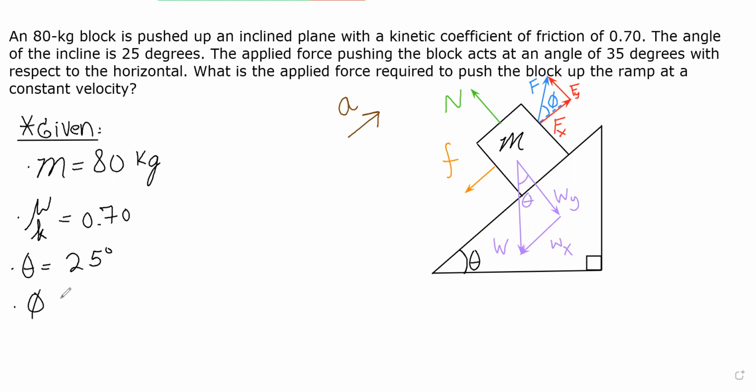We labeled the angle of the force phi. Now, what is the force required to pull the block at a constant velocity? Constant velocity means acceleration is 0. And our goal is to find the applied force. So find F.